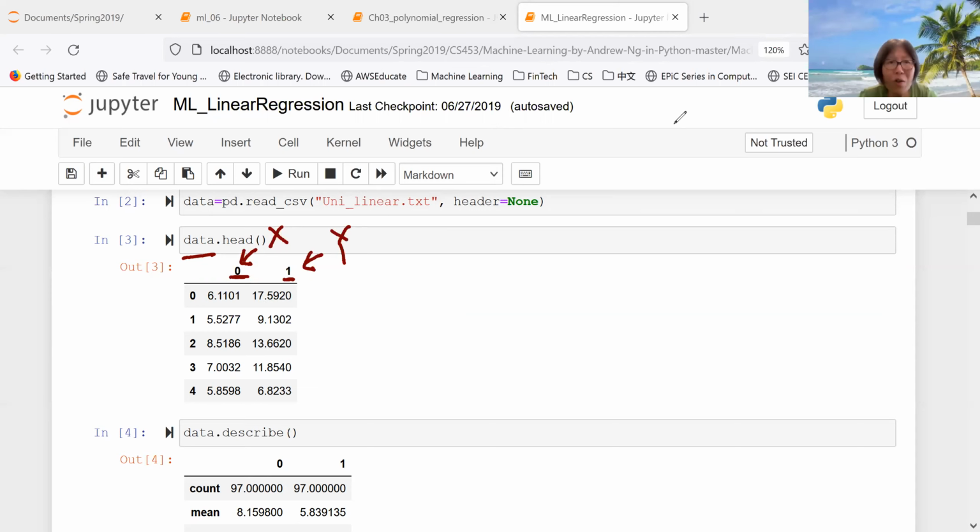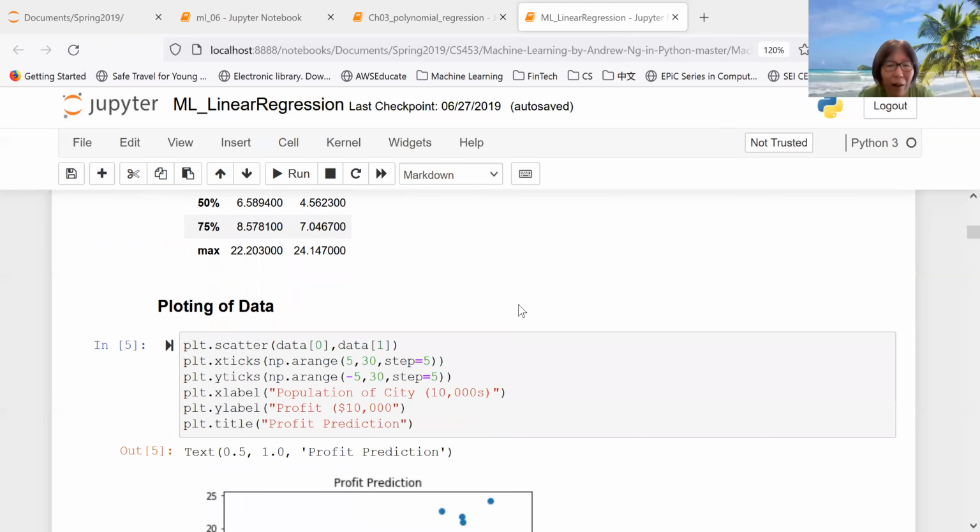Here the feature is the population and Y is the profit. So we try to find a linear relationship between the profit and the population. Based on population, can we predict profit? That's based on this set of data.